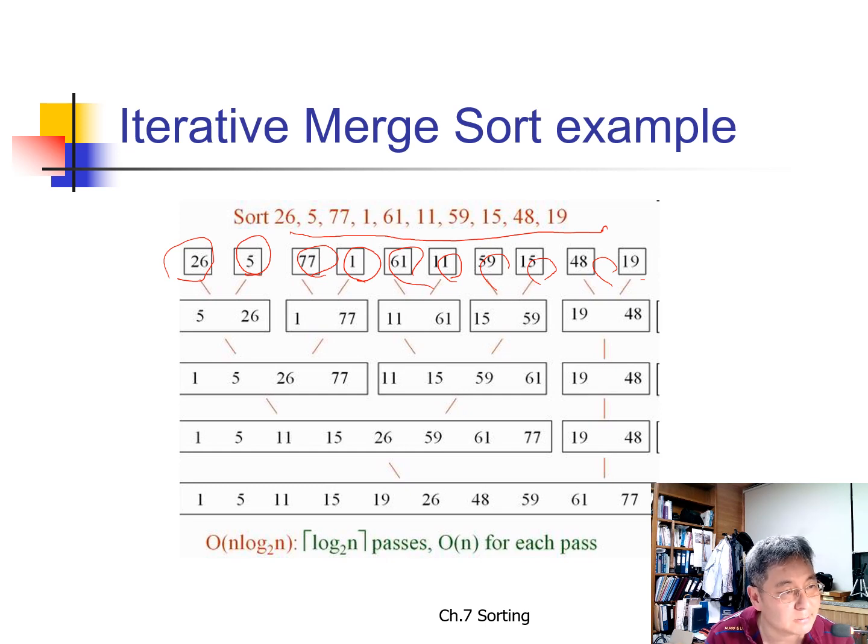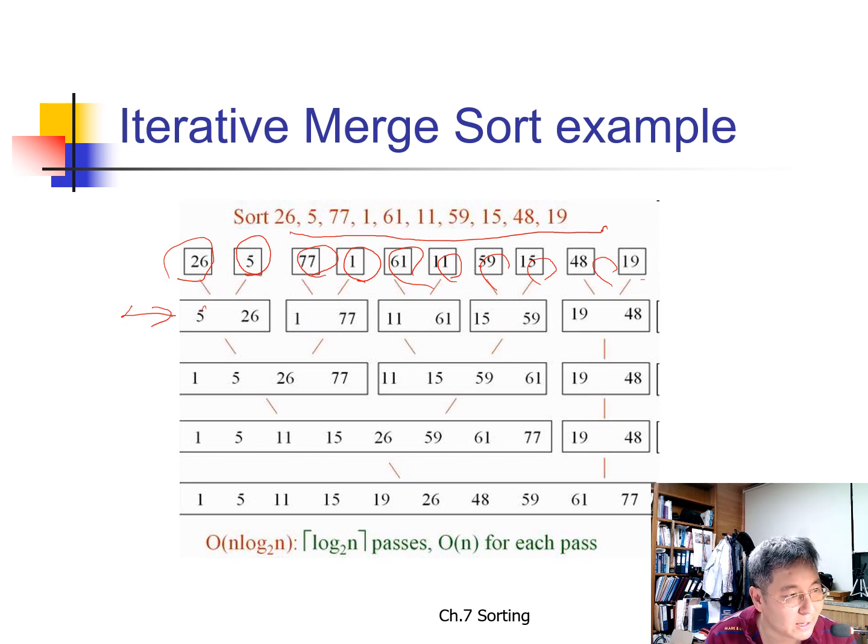And the 77 and the 1 will be merged as 1 and 77, 11 and 61, 15 and 59, 19 and 48. Okay, that is the first result to make size 2 merged output, and then we will merge again to make size 4.